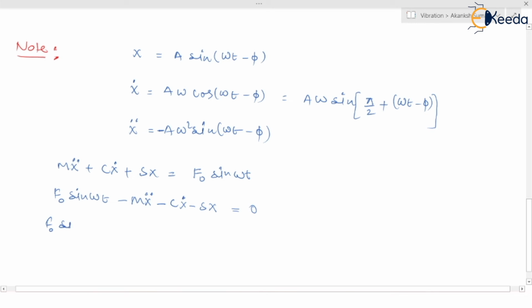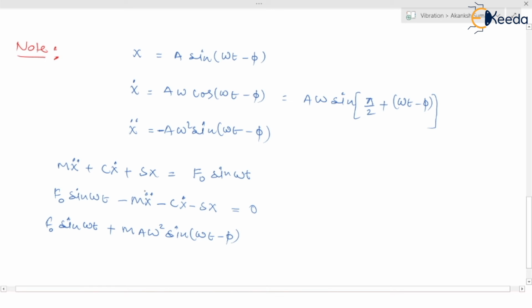So this is F naught sin omega t. Now when you see the x double dot value, it is in minus, so this minus and this minus become plus. That means m a omega square sin(omega t minus phi).